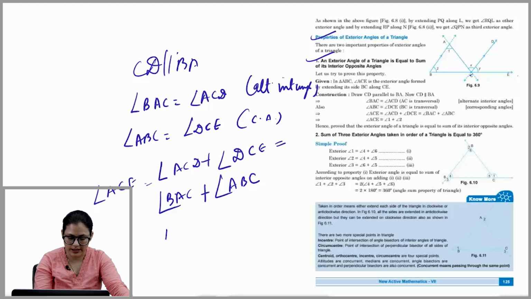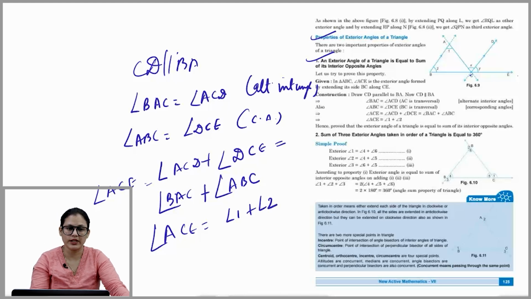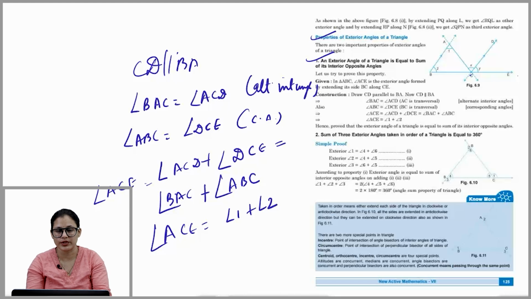So angle ACE is equal to angle 1 plus angle 2. Hence proved that the exterior angle of a triangle is equal to the sum of its interior opposite angles.